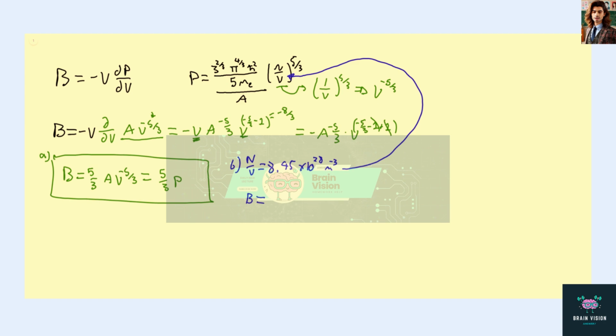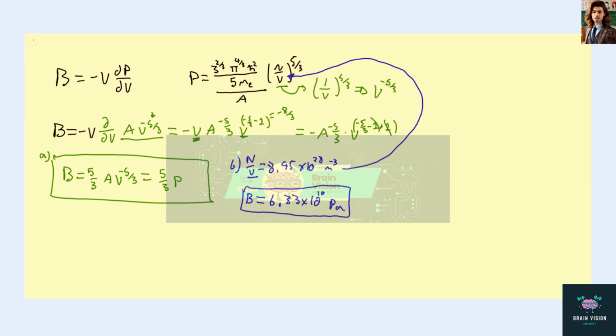You get a bulk modulus of 6.33 times 10 to the 10 pascals whenever you consider this particular concentration.